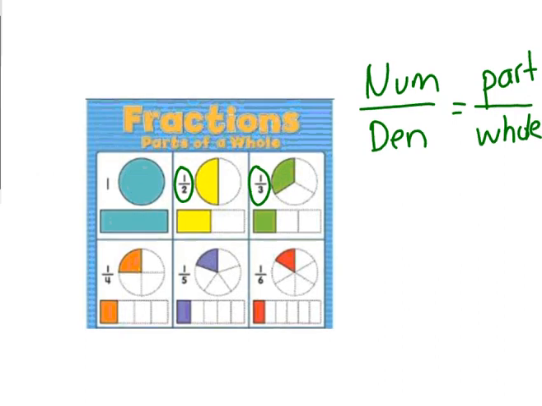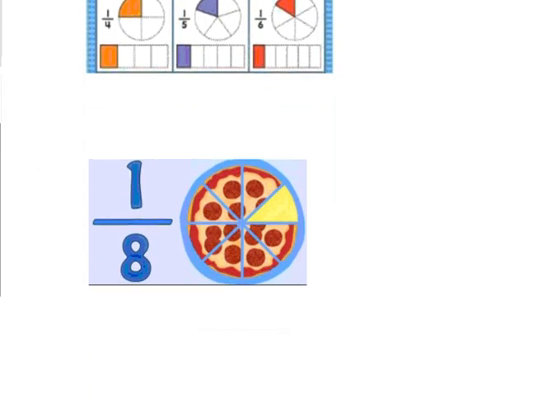Now, let me give you an example that you guys can all relate to. Pizza. I'm hungry as of right now. I'll probably do pizza after this, but let's say your parents ordered pizza and they let you eat 1 piece. And they were to ask you, well, how much of the pizza did you eat? You could say, well, I had 1/8 of the pizza. I ate 1 slice.